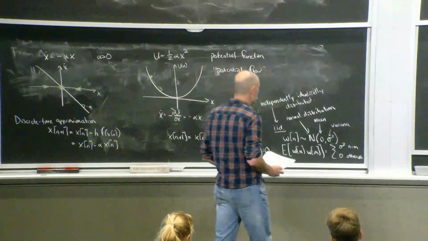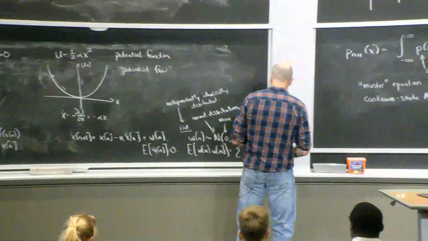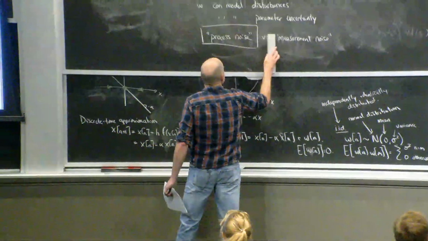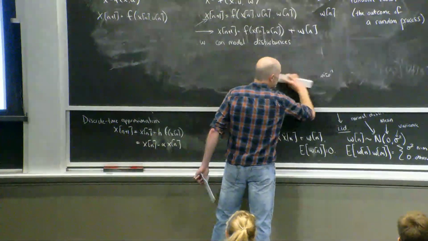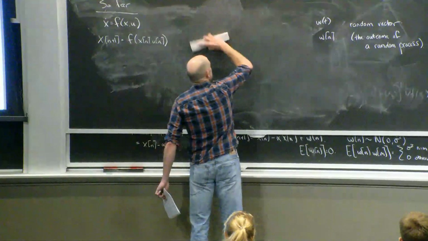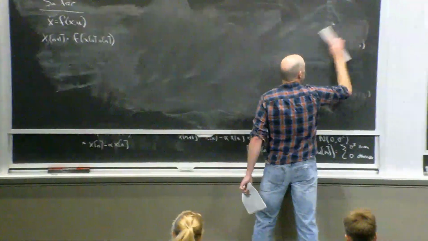So I'd say in general, even in code and in our math, there are a couple different ways that we tend to list the sources of uncertainty here.